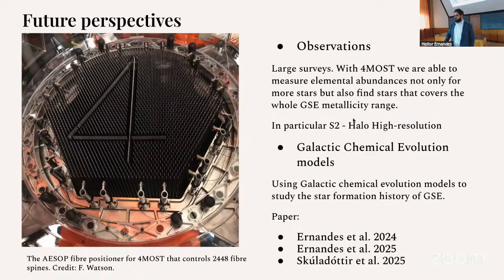That's dedicated for the halo, observed in the high resolution mode. It has some people already interested in pursuing this work, to provide more data to fill this whole trend and maybe even correct the trend with better, more precise abundances.